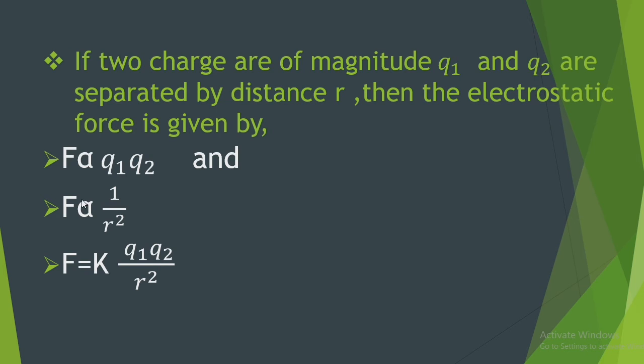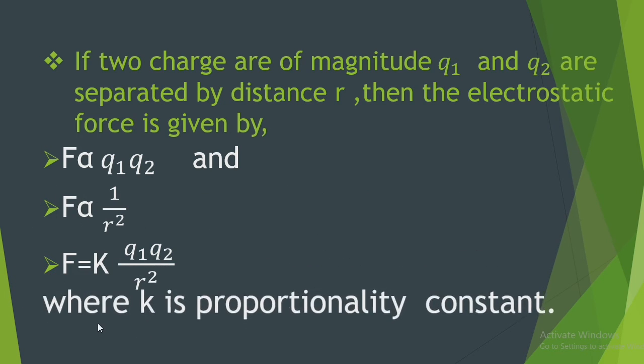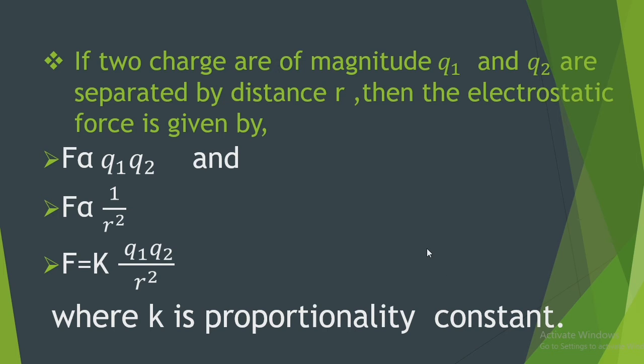After we remove the proportionality sign, we'll give a constant K, and this K is known as the proportionality constant.